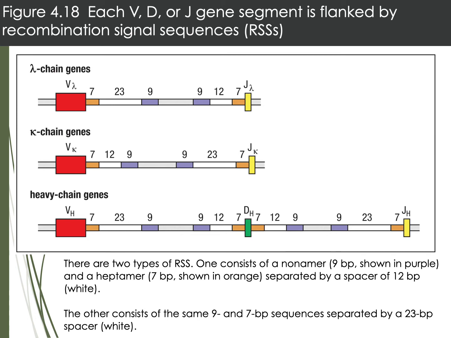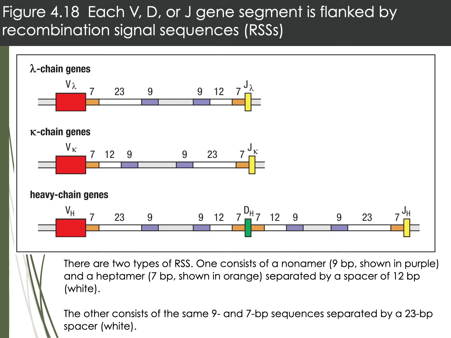So the 7 and 9 that are close to the variable are one kind of binding anchoring site for the enzyme, and then the 9 and the 7 close to the joining is another binding site. So it means that the information in between, which is in the gray, is not necessary. Now, that gray portion changes, right?